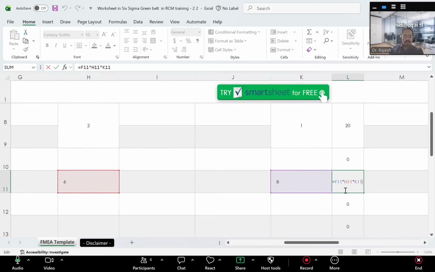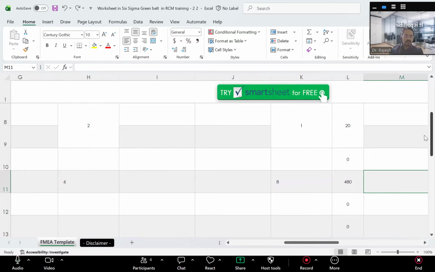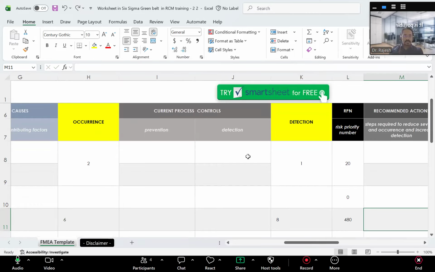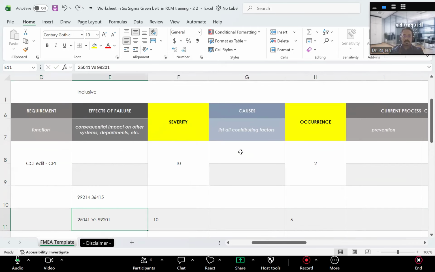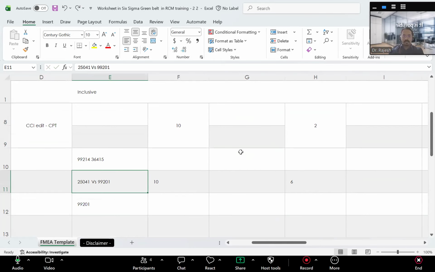So my score comes to around 480. Now I understand which process is very critical for me. Since this is 480 and my rating is very high, I have to focus on this particular combination and make sure I do not miss it.